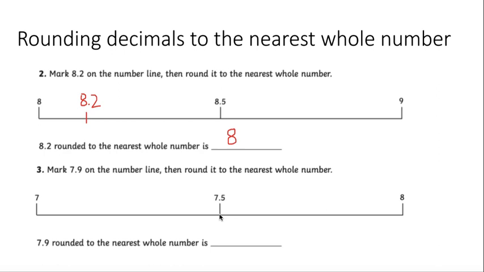So 7.9 would be about here, and we can see that it's closer to 8 than it is to 7. Again, we probably didn't need to draw out the number line because we can see that the 9 in the tenths column is 5 or larger, so we need to round it up.